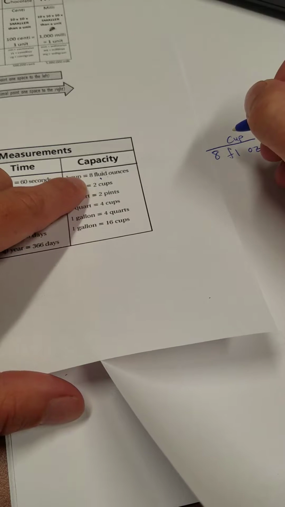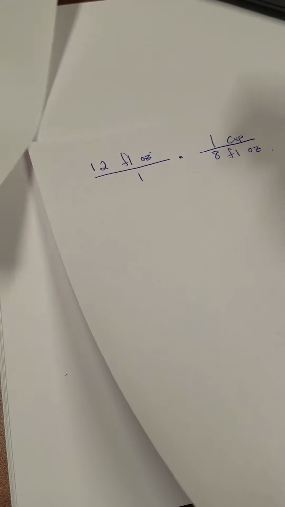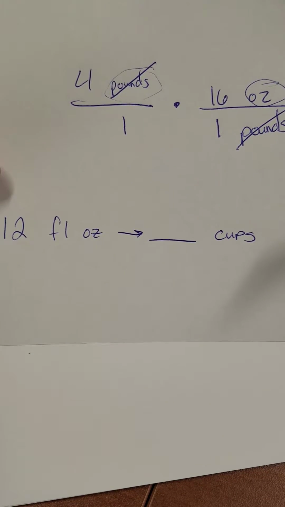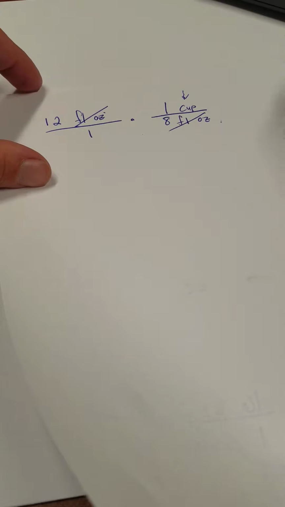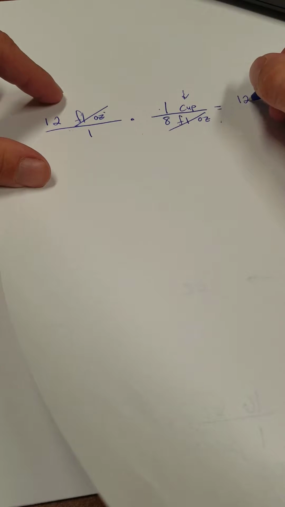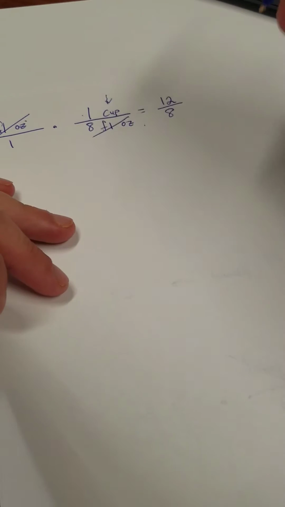8 ounces, 1 cup. Now, remember for this problem, we want to take ounces to cups. Fluid ounces cancels out. Now the only thing we're left with is cups, which is where we want to be. So we multiply across. 12 times 1 is 12. 1 times 8 is 8.